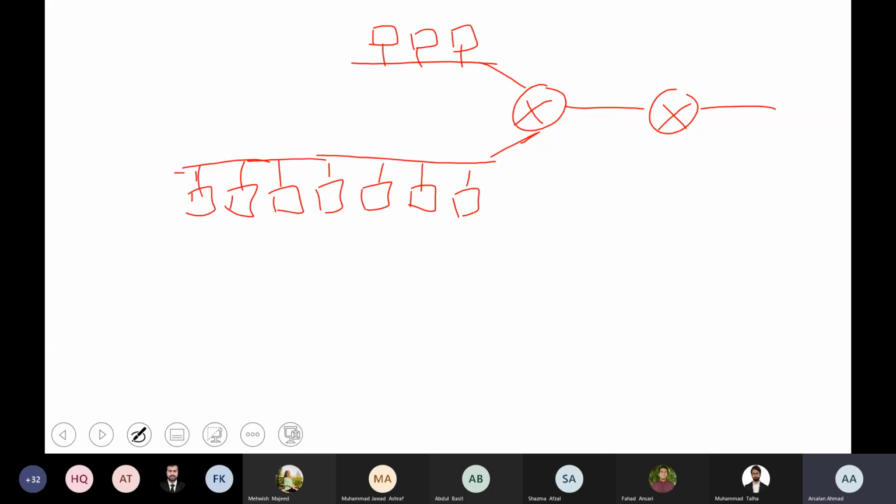And then another network over here which has some amount of hosts attached. Then someone can ask that you are given a network address of 200.10.10.0/26, again let's assume 26. Perform this subnetting.